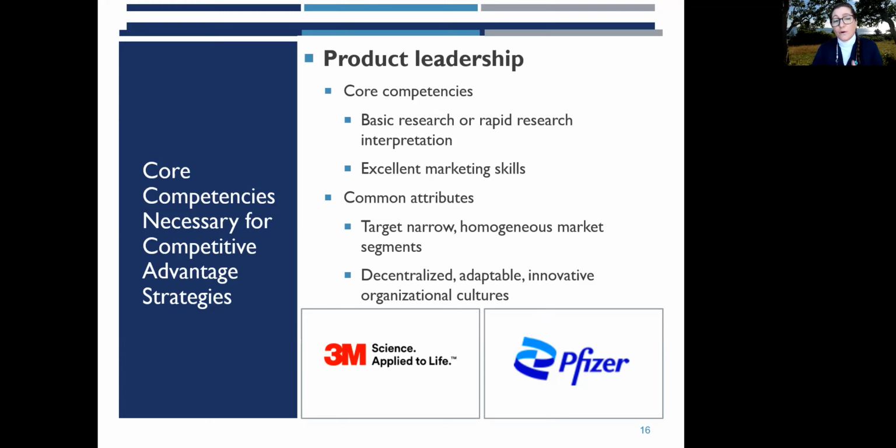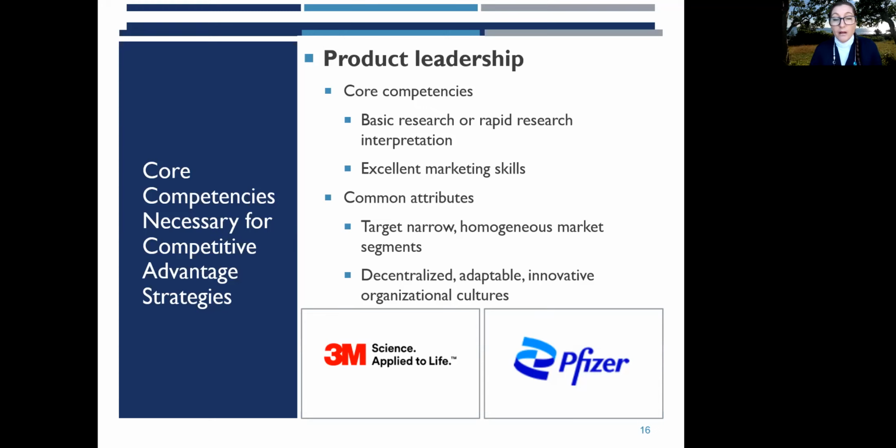Okay, now a second way to achieve competitive advantage is product leadership. And 3M and Pfizer are examples of organizations that have been able to achieve competitive advantage through product leadership. 3M is well known for their many products, including Post-it notes.